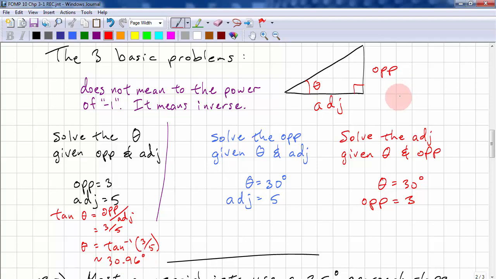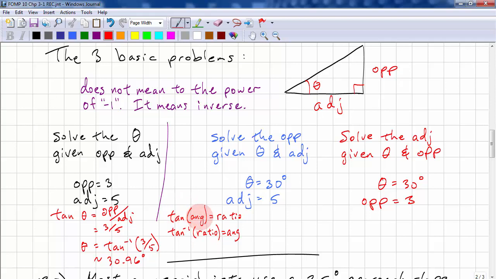So we always do tangent of an angle, and we get the ratio. If we do inverse tangent of a ratio, we get an angle. Okay, never swap these two. You never do tangent of a ratio, and you never do inverse tangent of an angle.